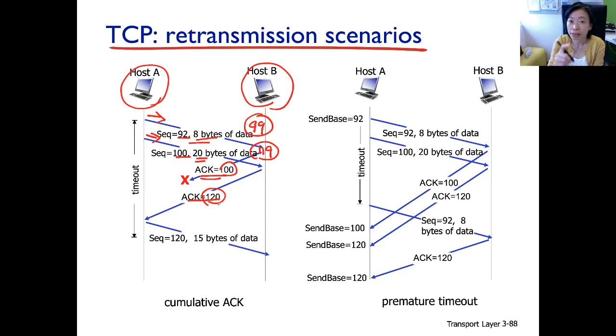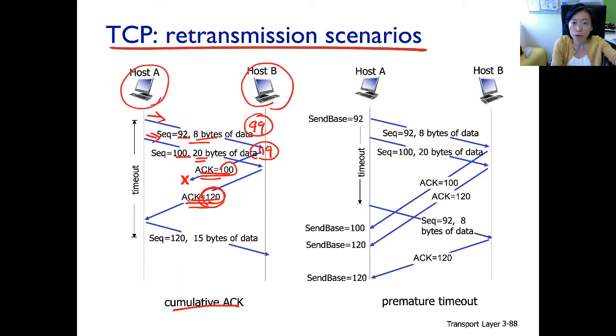Now, in this scenario, we are trying to demonstrate the strengths of using cumulative ACK. That is, if the ACK for one of the back-to-back packets that came in earlier is lost, but as long as one of the later ones arrived, because 120 here is saying, server, you know what?